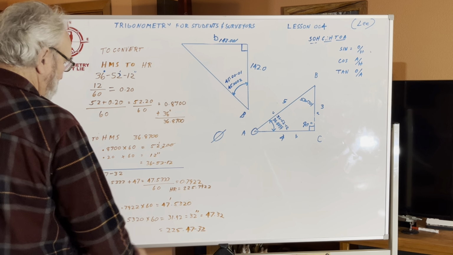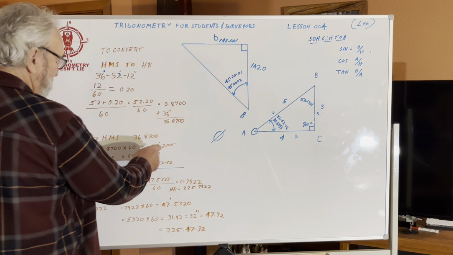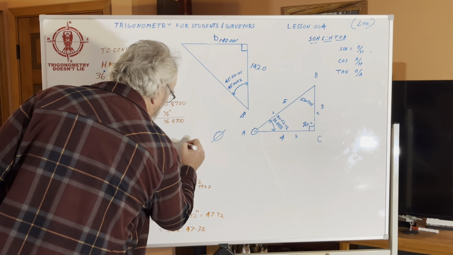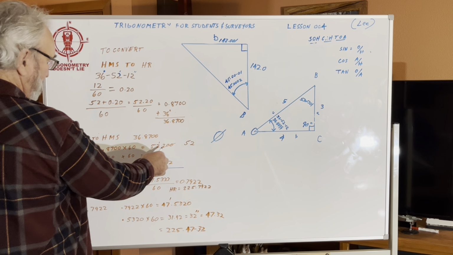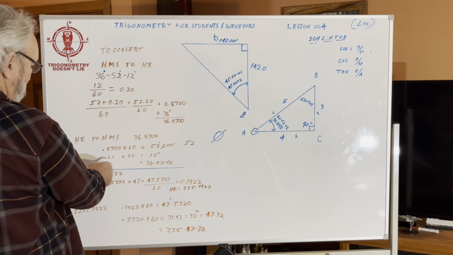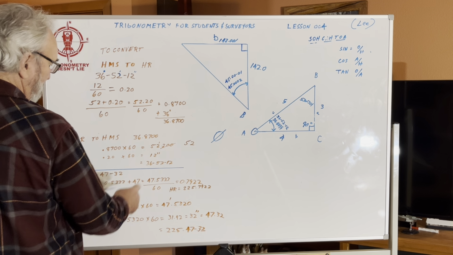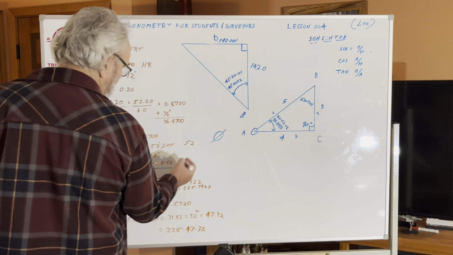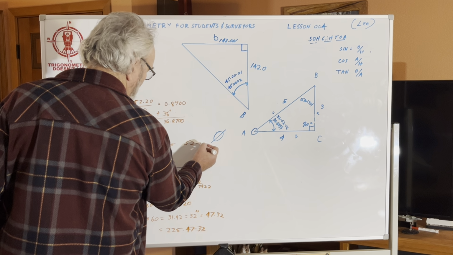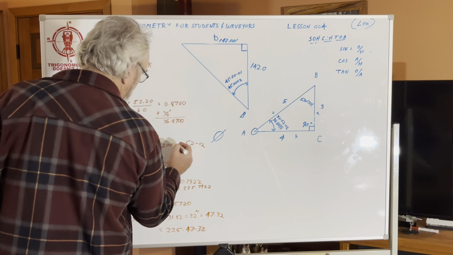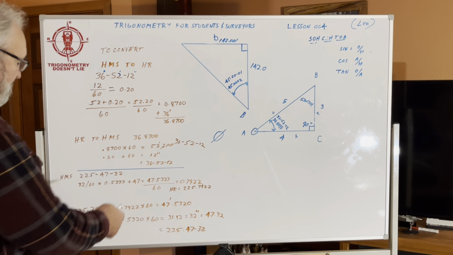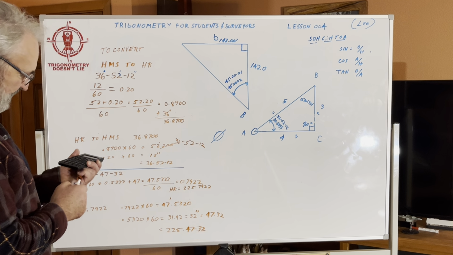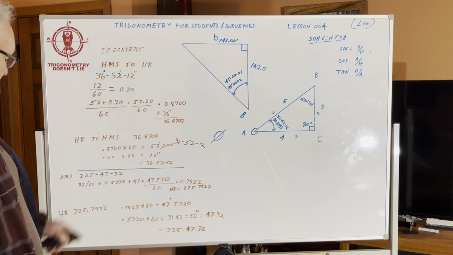Now you just keep that 52 over here, and you ignore the rest. The leftover on that is 0.20. Now 0.20 times 60 equals 12. Then you put those together, 52 minutes 12 seconds, and bring your 36 down. 36 52 12 is right here. Practice that. That's the formula.